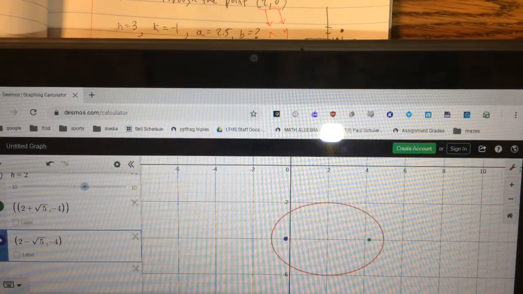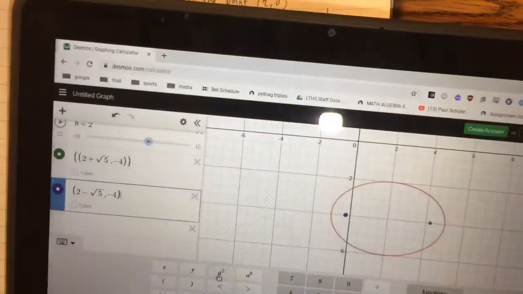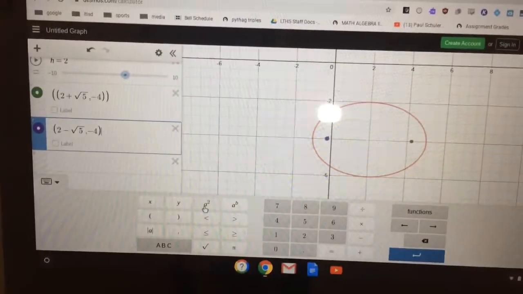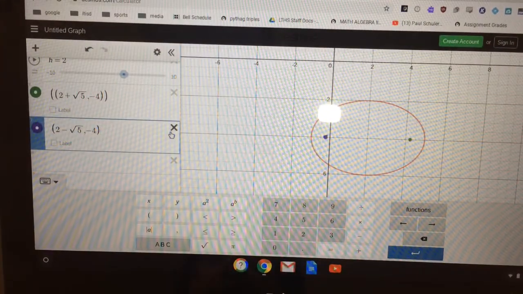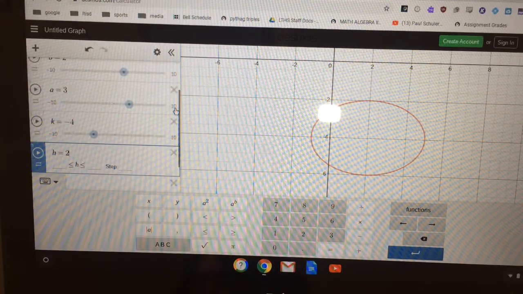So let's set up our parameters here. I'm just going to kill off these foci. I don't really care about those at the moment. So my h is 3.